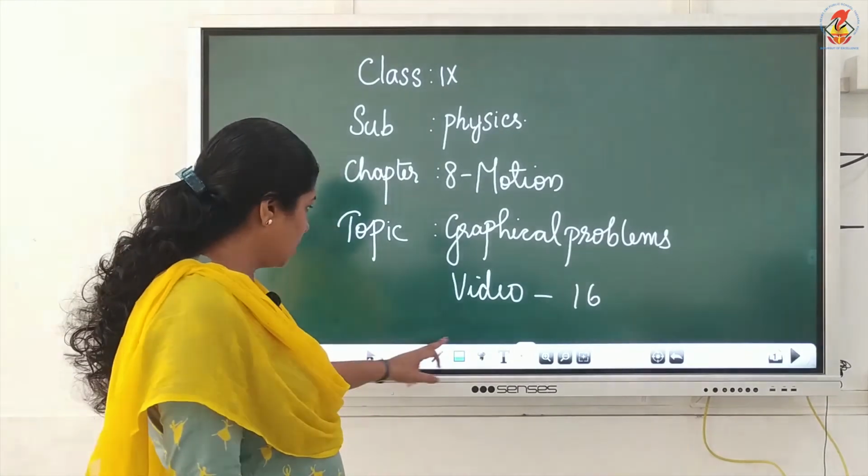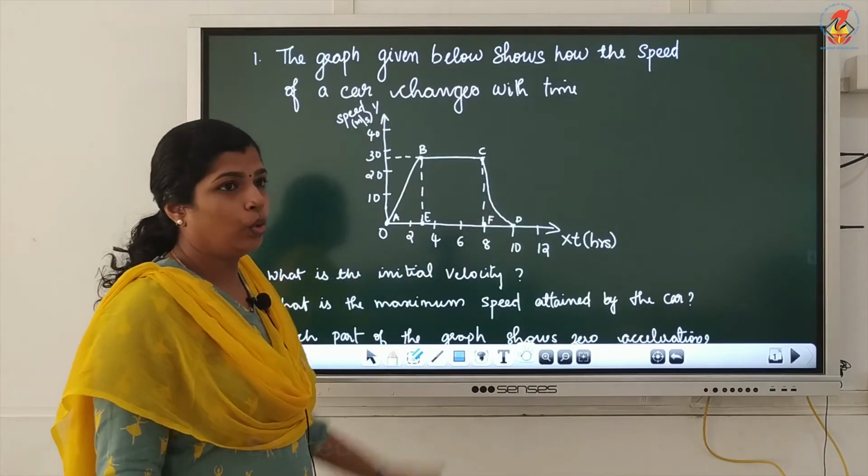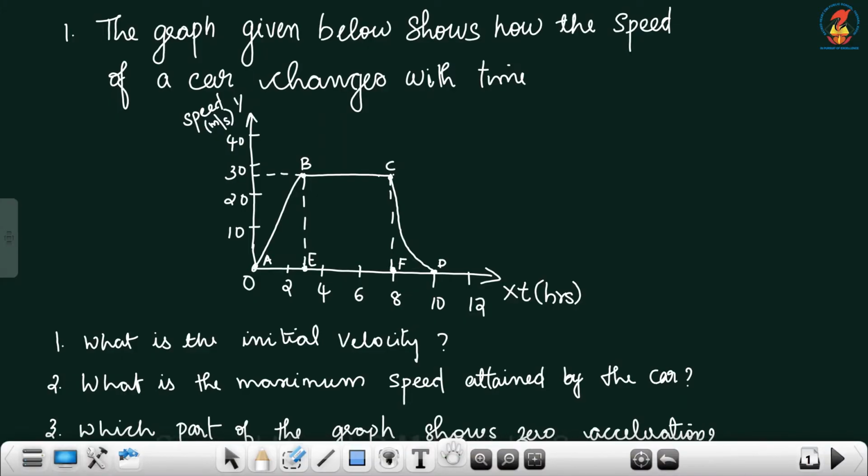So, the first question is this one. The graph given below shows how the speed of a car changes with time. So, it is a speed and time graph.